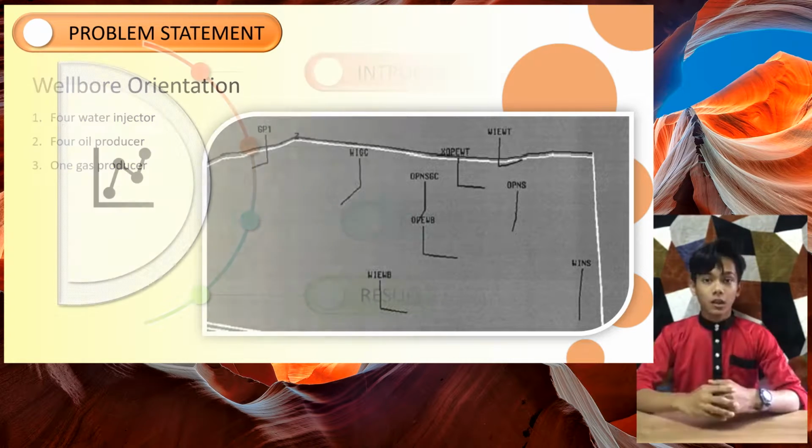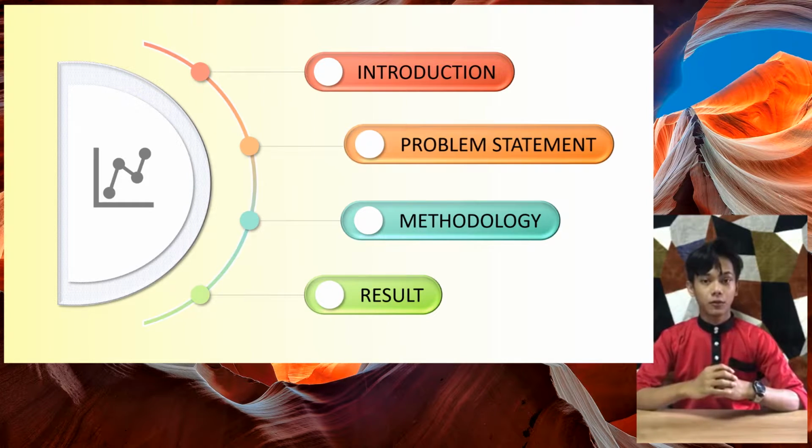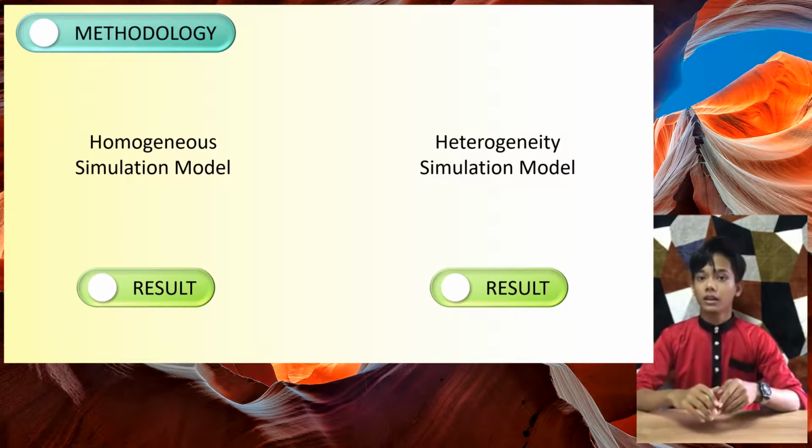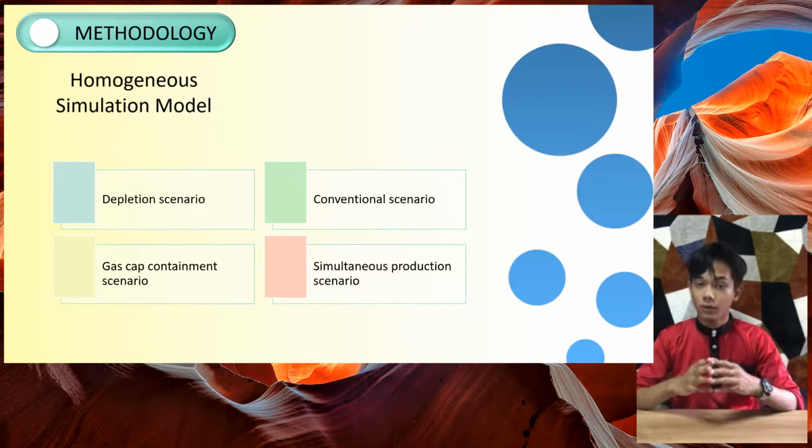There are two methods that are used for this reservoir, which are the homogeneous simulation model and the heterogeneous simulation model. For the homogeneous simulation model, there are 4 scenarios included, which are the depletion scenario, conventional scenario, gas cap containment scenario, and simultaneous production scenario.